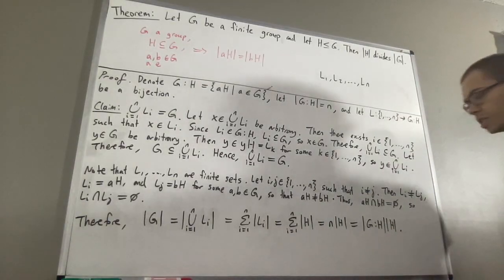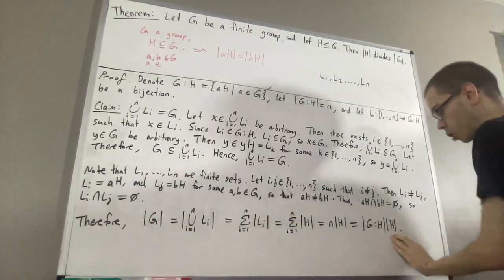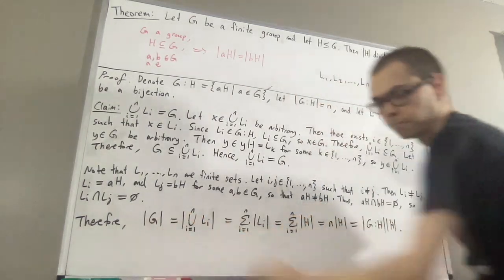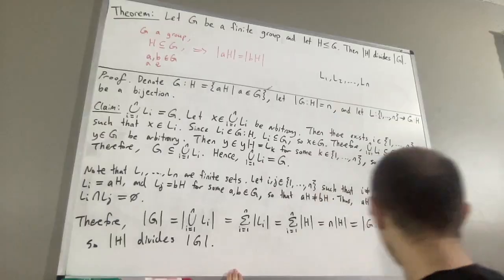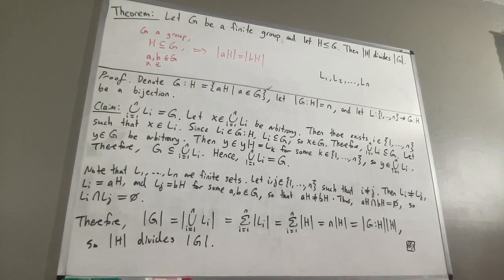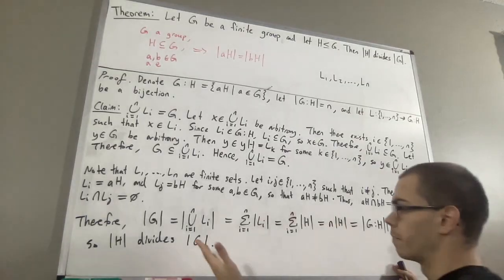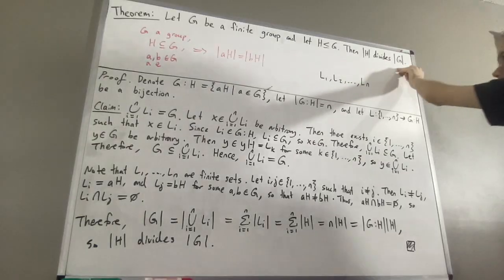Right? So we see, since these are all integers, the order of H divides the order of G. And so that's it. This completes the proof. And so we see more specifically how exactly the order of H divides the order of G, right?